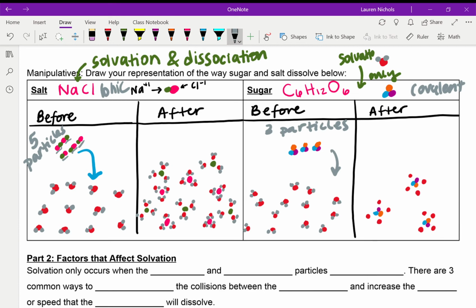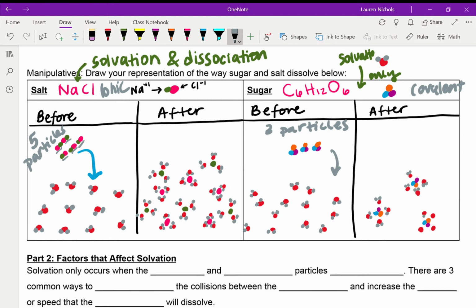So I went ahead and drew my oxygens around them, but you'll notice when I put the hydrogens, sometimes I'm drawing the hydrogens close by, sometimes I'm drawing them on the other side. It doesn't really matter how the water is oriented around it.